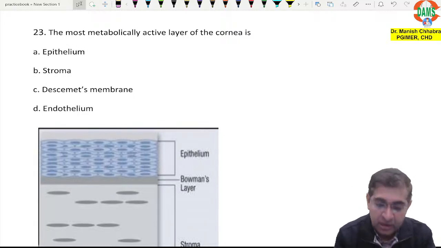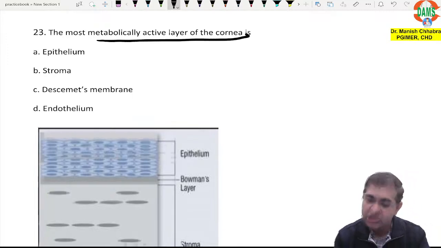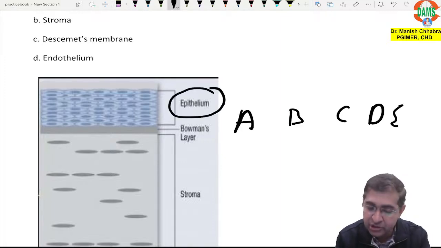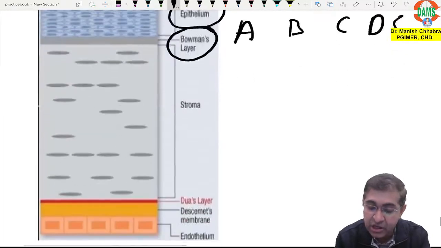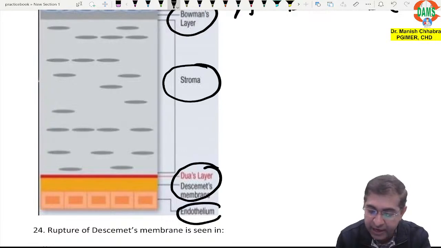Now, the most metabolically active layer of the cornea is, as I always say, A, B, C, D, E. A for anterior epithelium, B for Bowman's layer, C for corneal stroma, D for Dua's and Descemet's, E for endothelium.